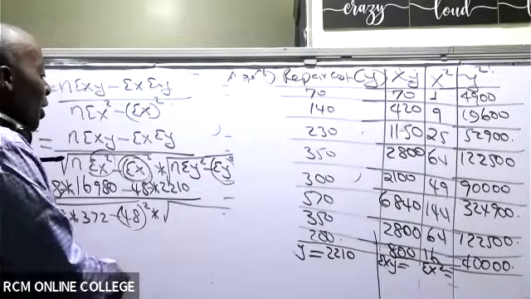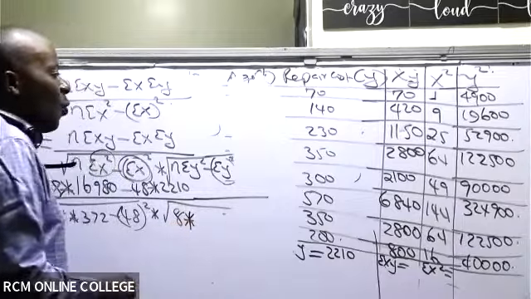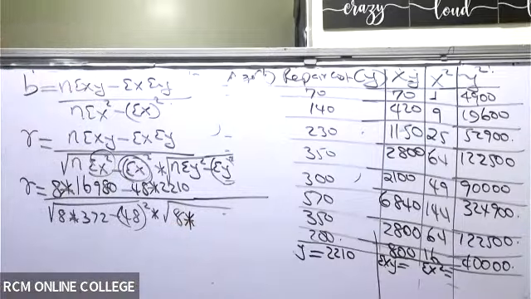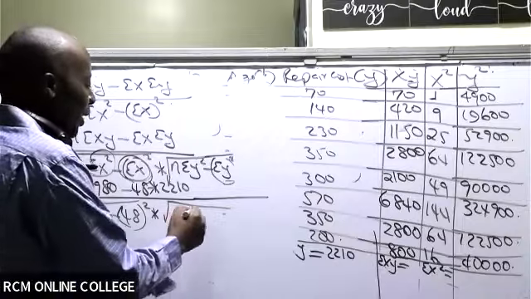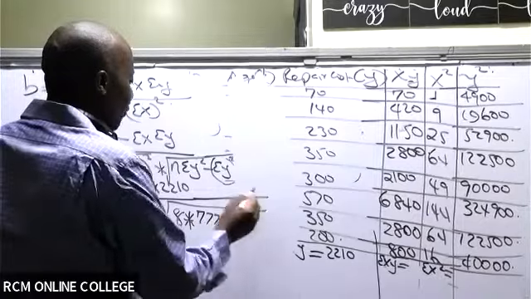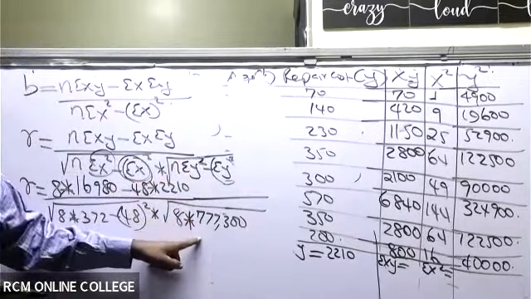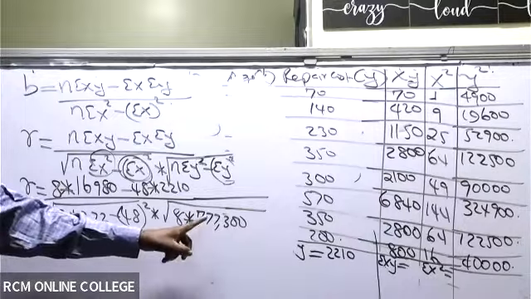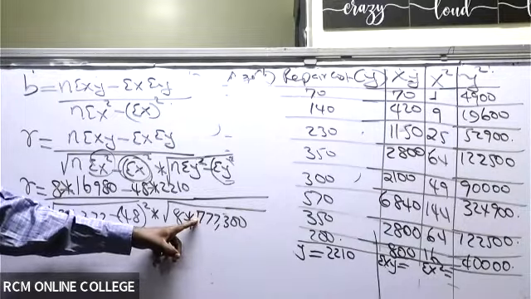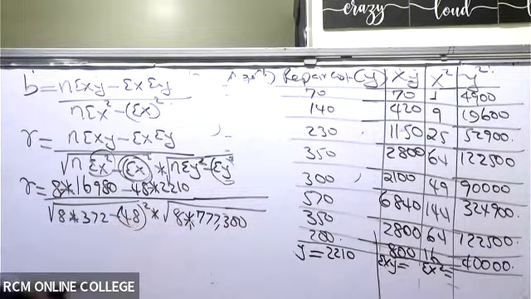we have, ladies and gentlemen, n which is 8, times summation of y squared. You guys gave me a big number. Was it 777,300? Are you able to remember this number, 777,300?